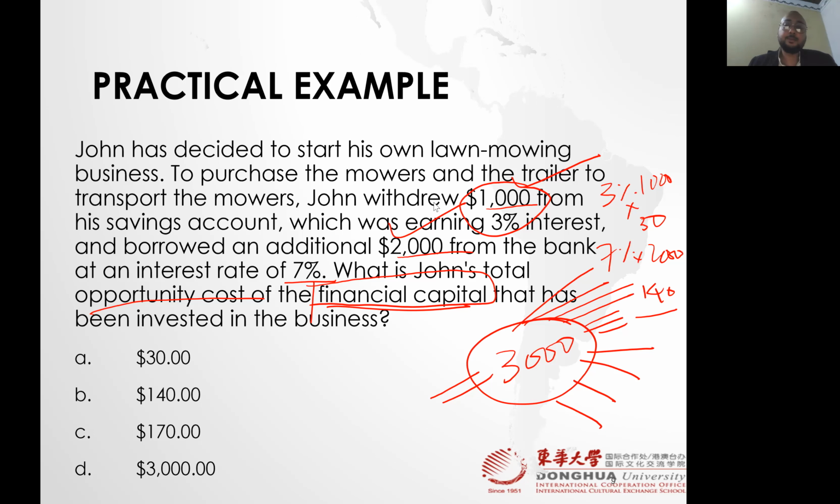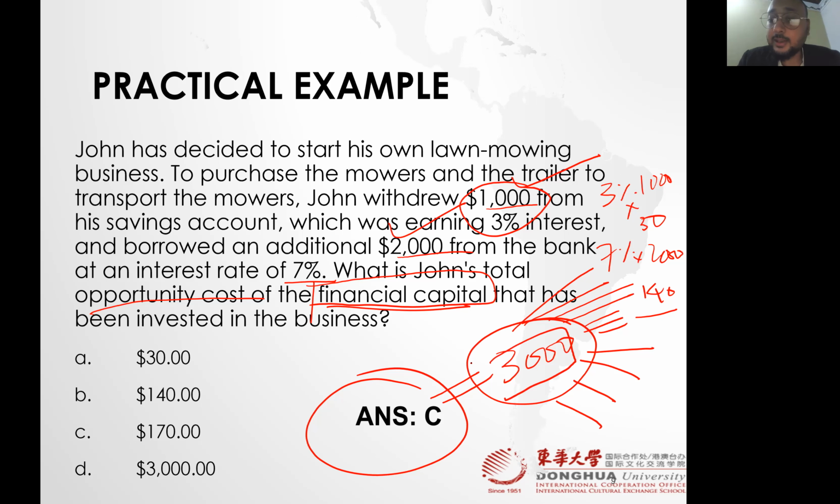Yes, let's see. They are confused between the investment and the cost. Cost is like interest, the cost of gathering this investment. Total investment is 3,000, and getting this 3,000 has a cost, and that cost is implicit plus explicit.